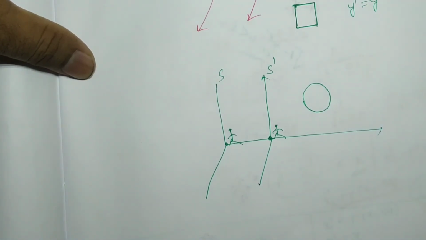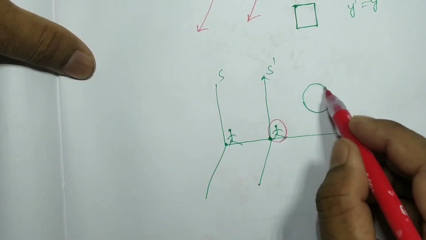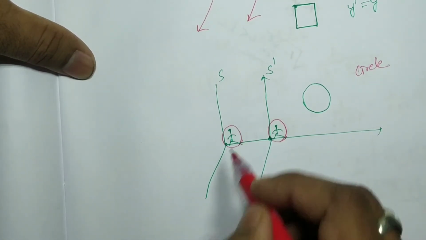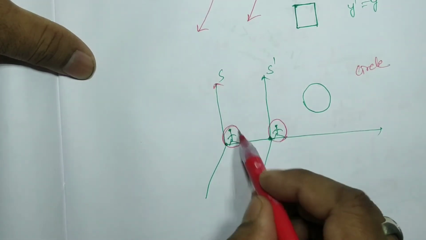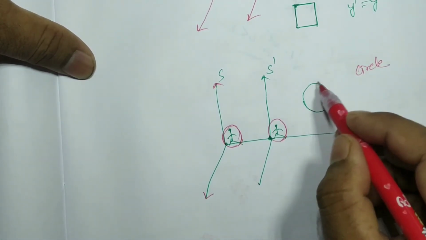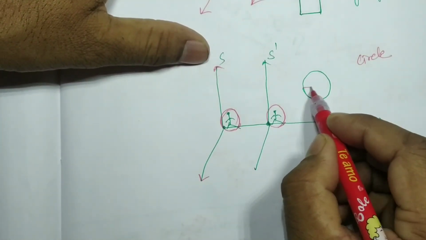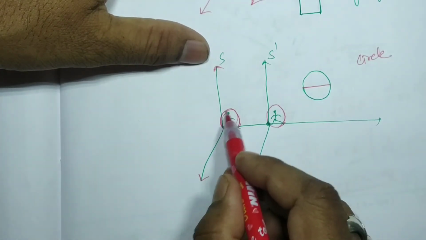Hence this observer is going to visualize that this object is a circle, but the observer who is sitting in the S frame is going to observe that this is not a circle, this is an ellipse, because its x length is going to be contracted for this observer.